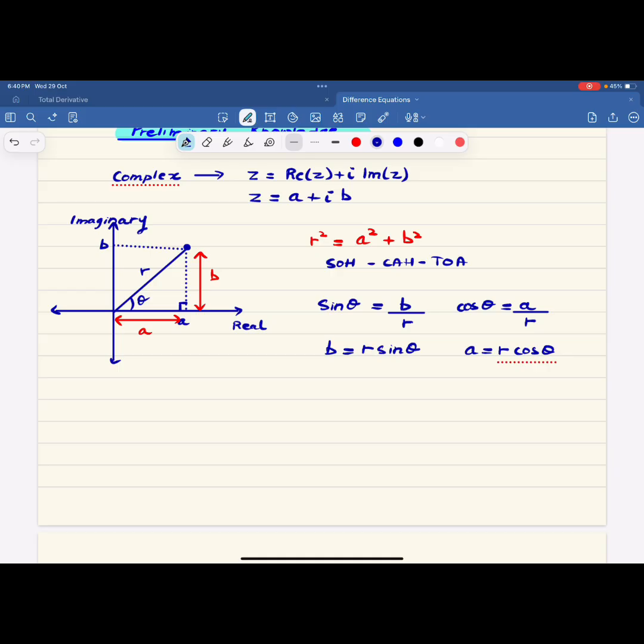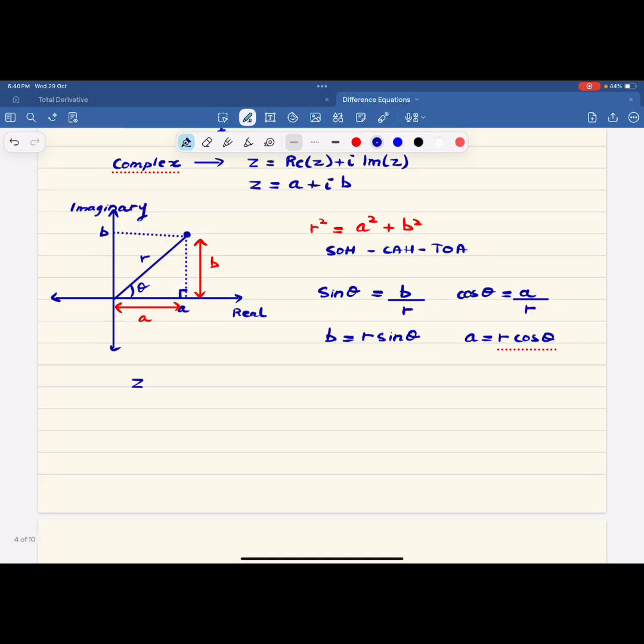We had z, which is a complex number, equal to a + ib. We found a as being r cos theta, and we found b as being r sine theta. If we take r out as common, we're left with cos theta + i sine theta.